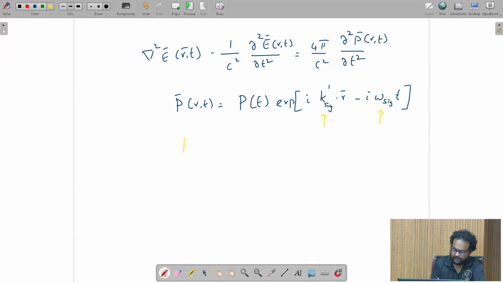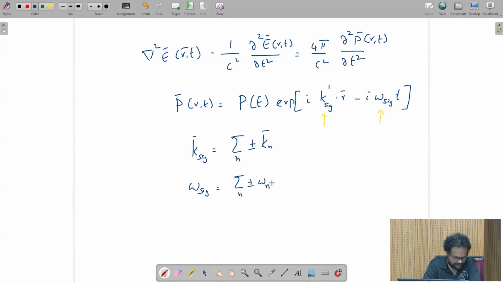So your k signal will be the sum over all the input k vectors, and the frequency has to sum over all the input frequencies. This is enforcing energy and momentum conservation.